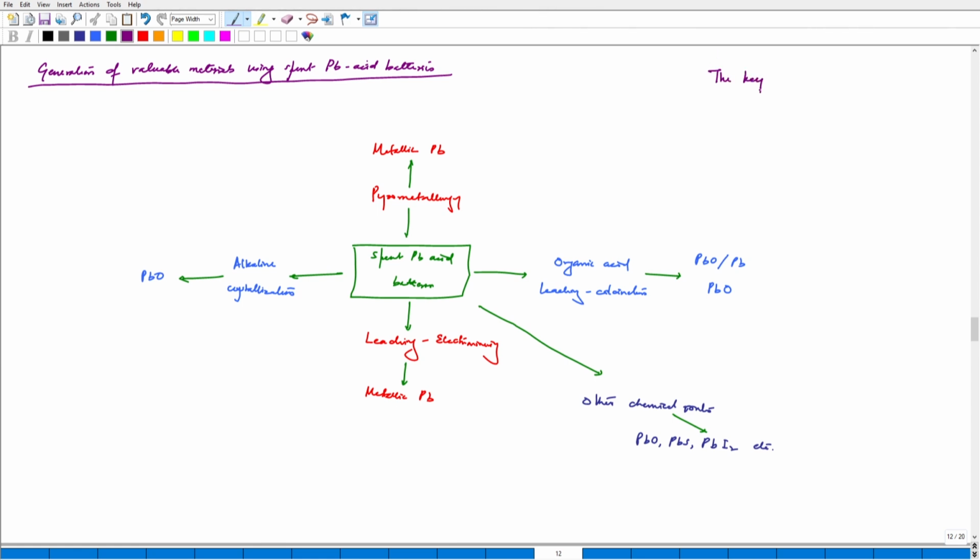The key challenge in recycling lead acid batteries is basically safe collection, storage, sorting, dismantling and handling for efficient recycling.